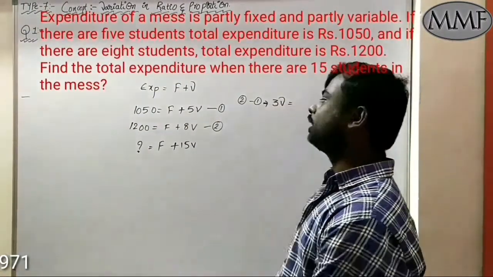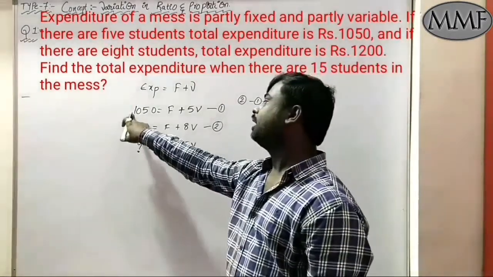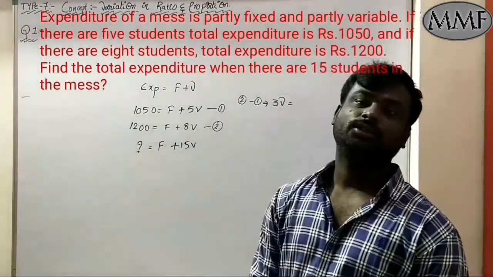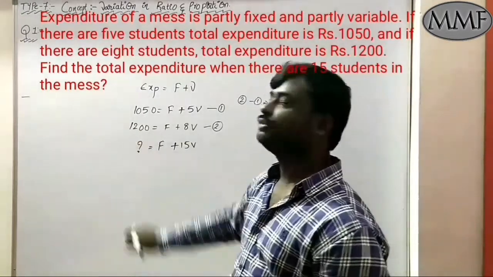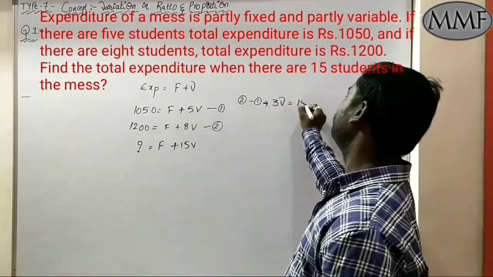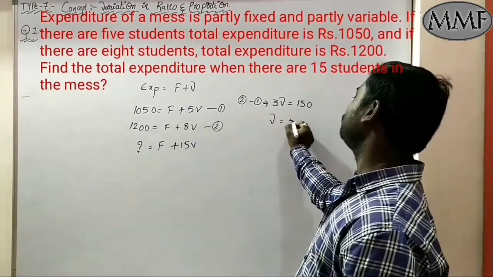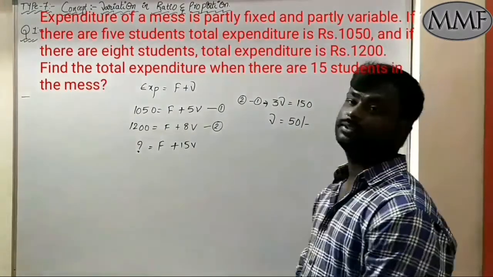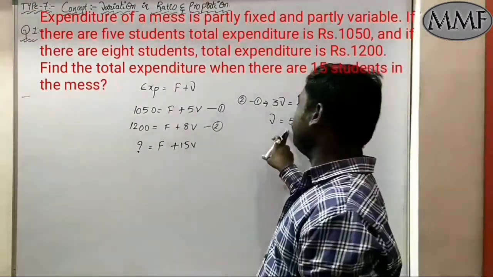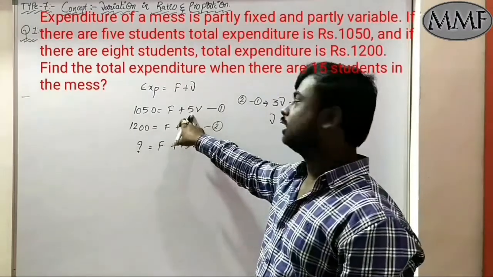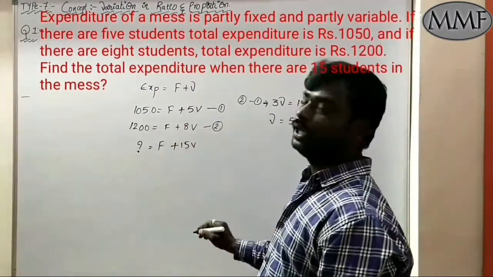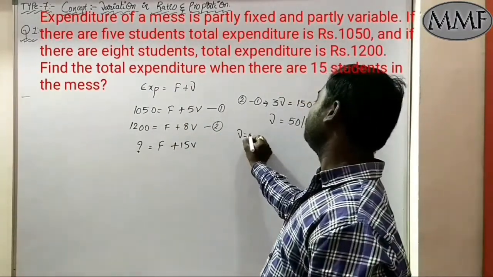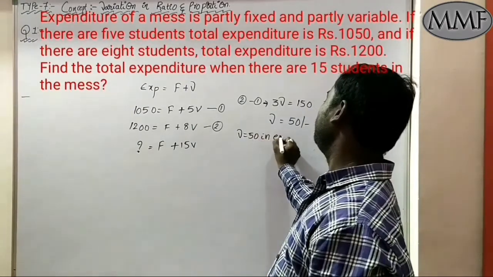3v is equal to 1200 minus 1050. How much here? 150. So variable is equal to how much? 50 rupees. Now substitute v in any one equation. Now I am substituting v is equal to 50 in equation 1.